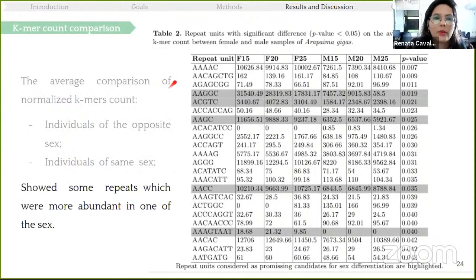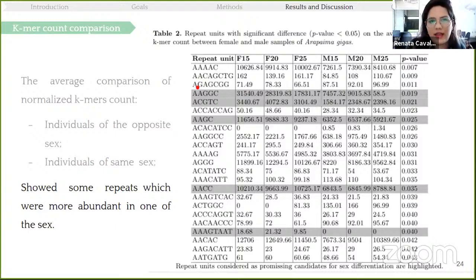And in this table, we can see the repeat units with a significant difference, a low p-value, on the average of the normalized count between female and male. So we have in this table a repeating unit, the sequence, samples, and the p-value. If we compare the female group against the male group, we can see some repeating units with a difference between these groups.